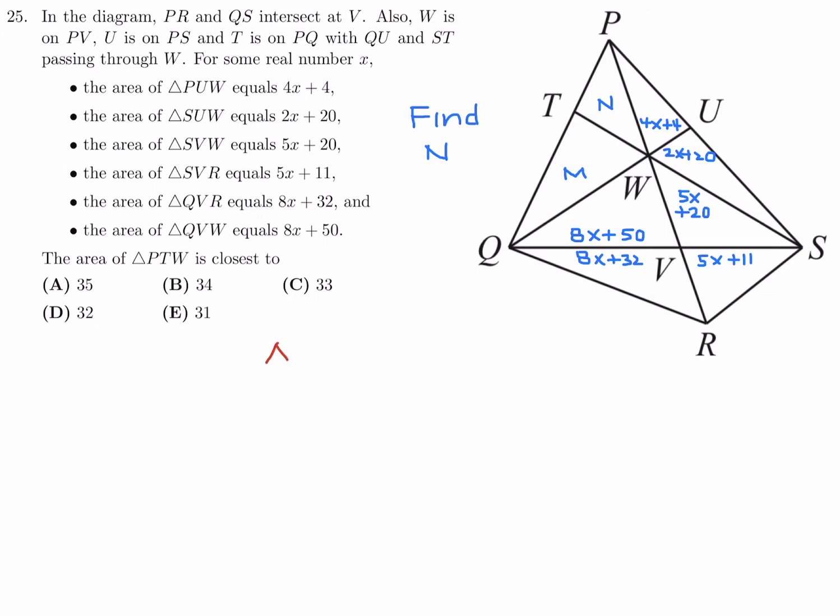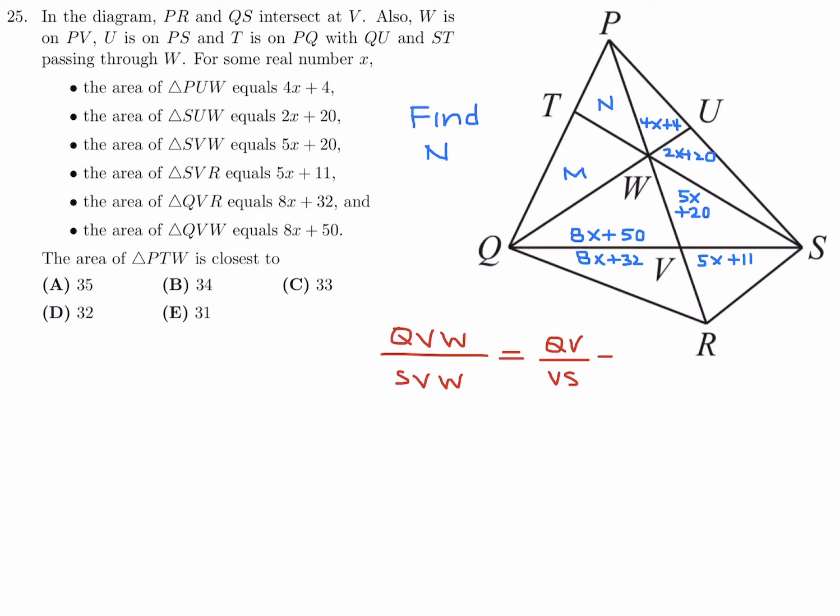So QVW over this 5x plus 20, which is SVW, is going to be the same as QV over VS, right? Just like the primer. So QVW over SVW is the same as QV over VS.